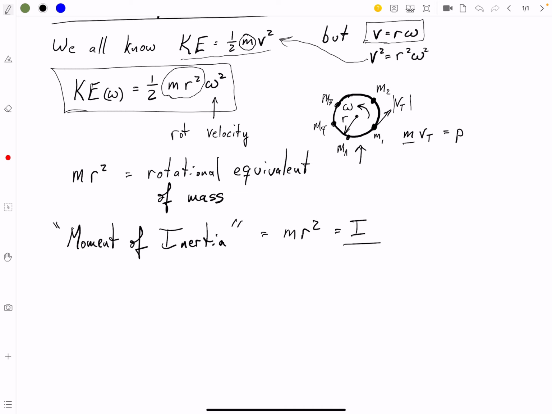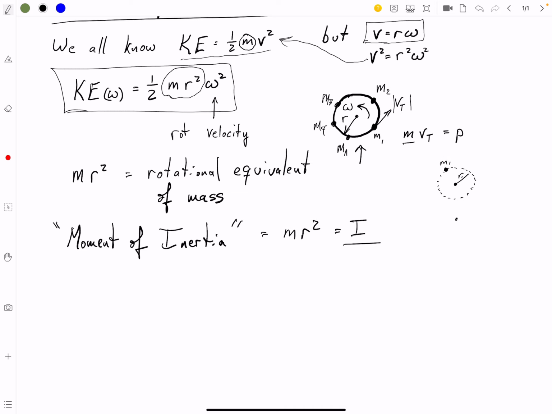So now, maybe each of them has a different radius, like planets in a solar system. So that could be R1, and this is M1.